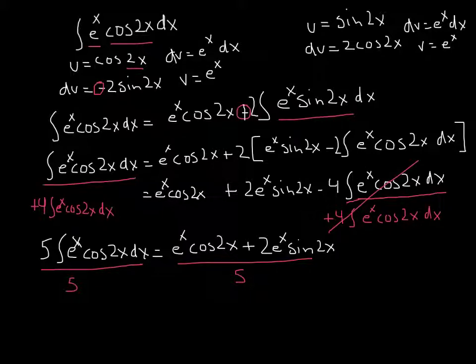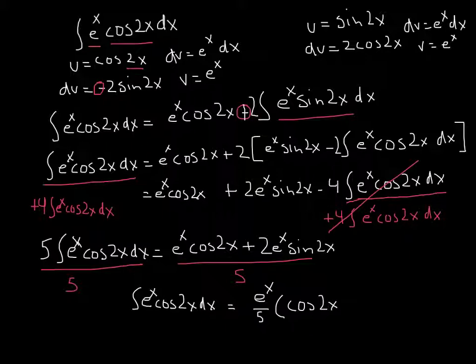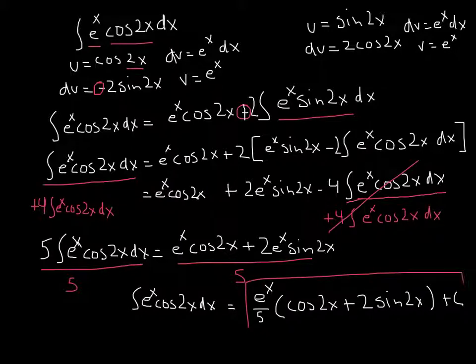So our final answer is the integral of e to the x cosine of 2x dx equals e to the x over 5 times cosine of 2x plus 2 sine of 2x. And we need a plus c after all of that because this is an indefinite integral. And that's how you do that problem.